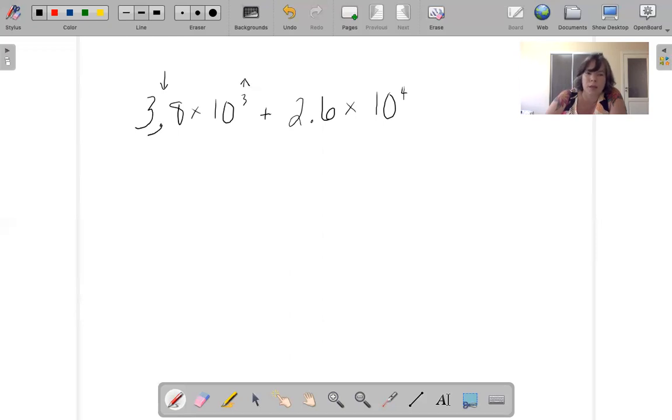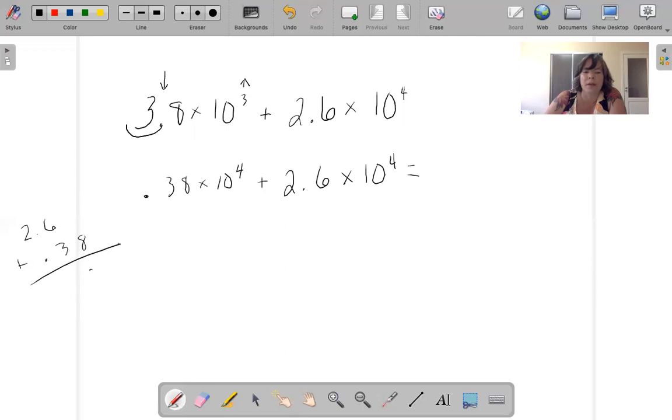To make a number smaller, you move the decimal to the left. So we've got 0.38 times 10 to the 4th plus 2.6 times 10 to the 4th. All we do is add these two numbers, 2.6 plus 0.38, 8, 9, 2, 2.98 times 10 to the 4th.